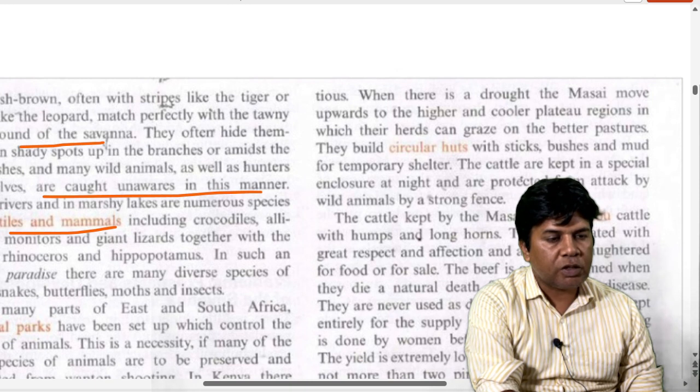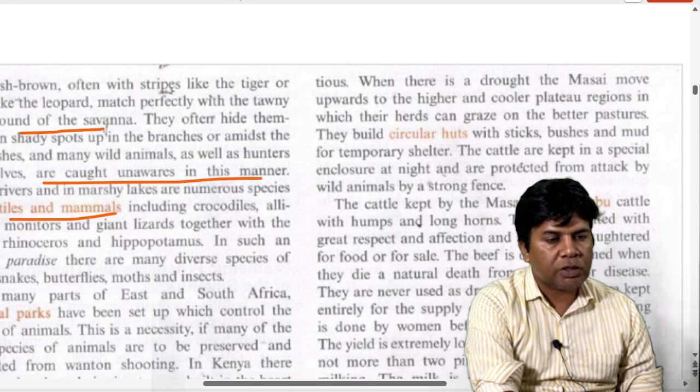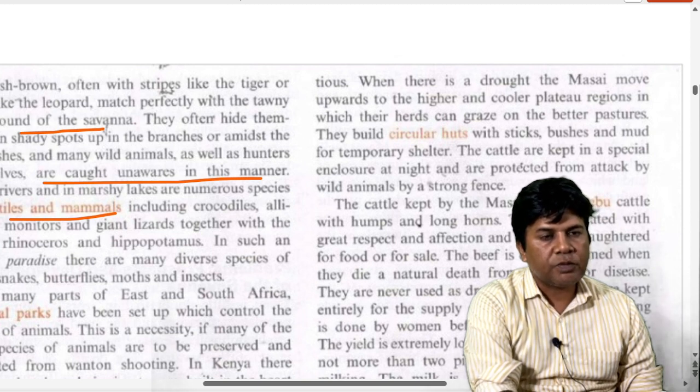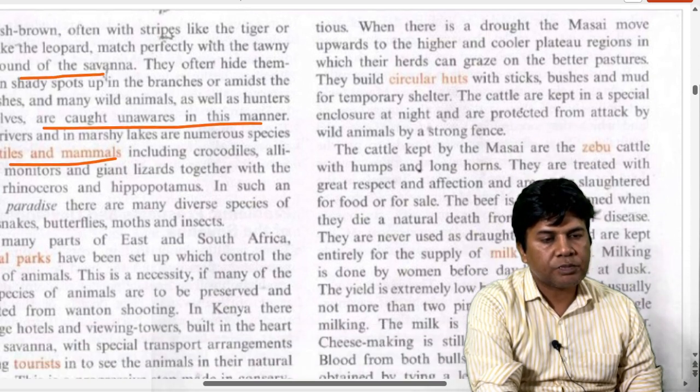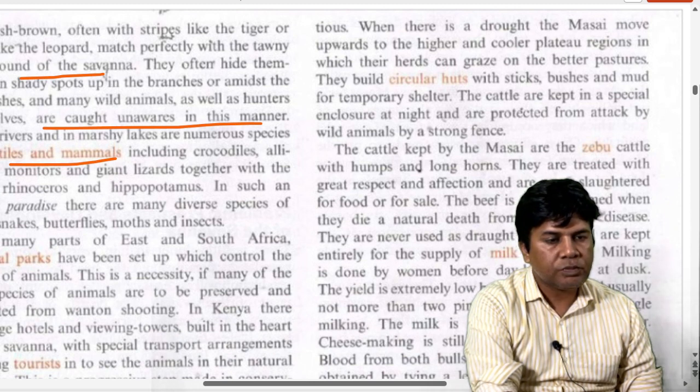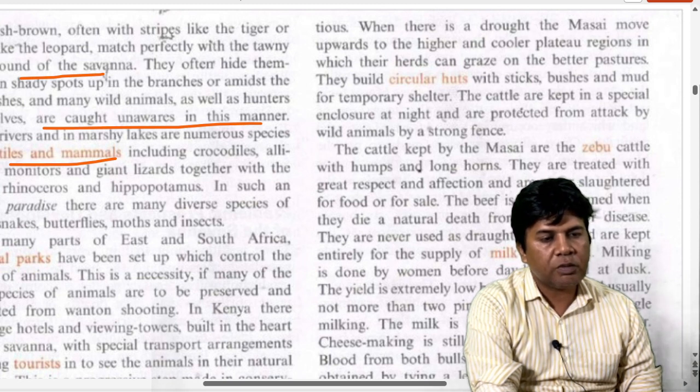which control the killing of animals. This is necessary if many of the rare species of animals are to be preserved and protected from wanton shooting. In Kenya, there are large hotels and viewing towers built in the heart of the savannah with special transport arrangements to bring tourists to see the animals.